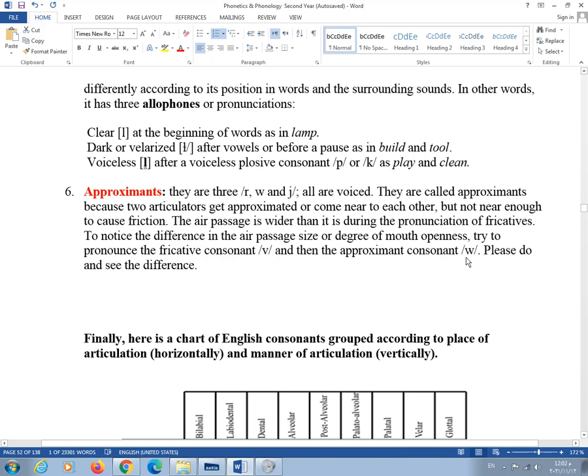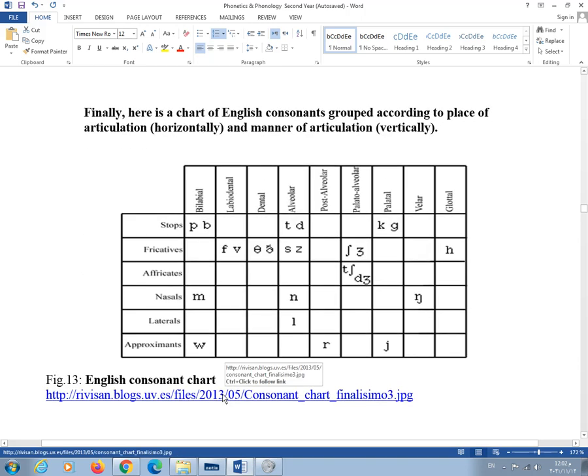And finally, let's look at a chart of English consonants. On the top we have place of articulation.